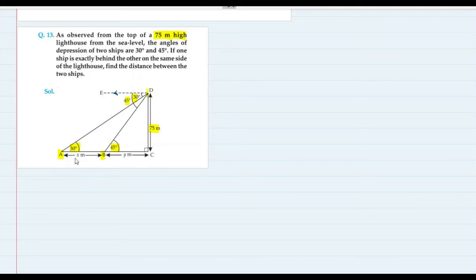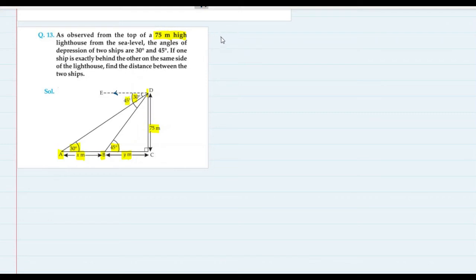Distance between the two ships is x meters. We have to find x. But we don't even know the distance of the second ship from the base of the lighthouse, so they have taken it as y. If you don't take it as y, there is no issue. Definitely you have to consider two right angle triangles. That's the first thing you start with.